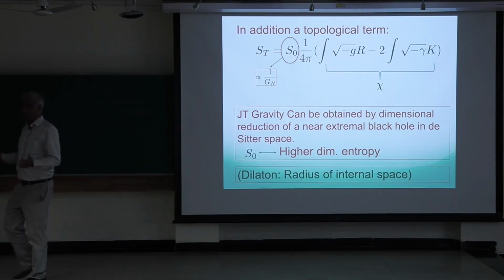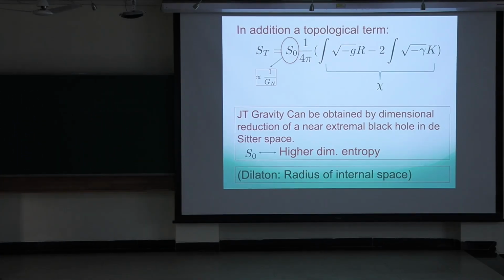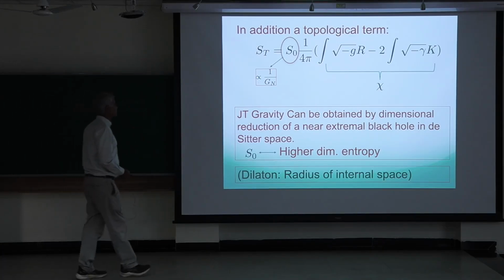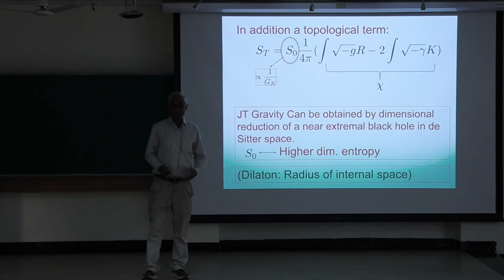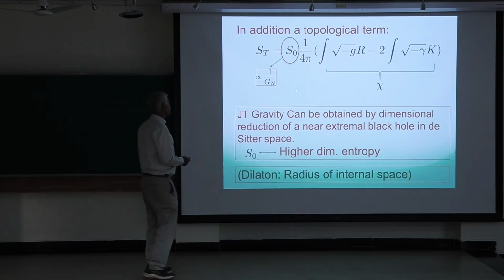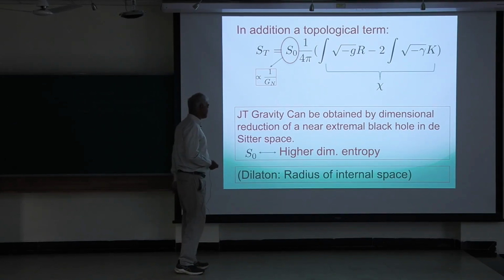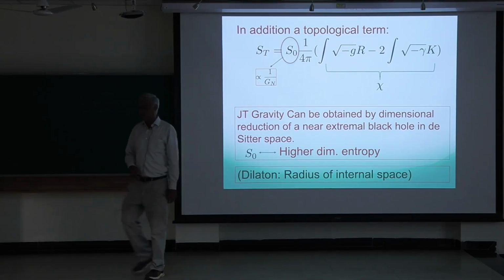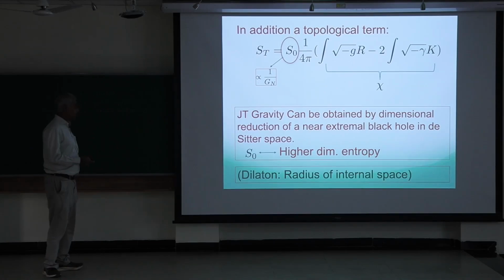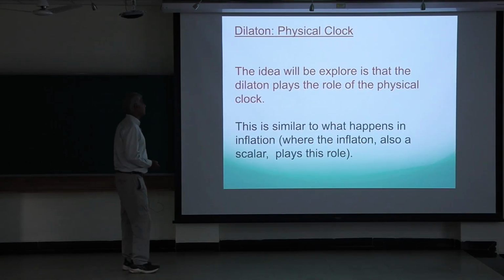Say the radius of the internal S2 if I was doing dimensional reduction from 4 dimensions. Okay, so this is useful to keep in mind, but as you'll see when we go ahead, we will then just take this system and think about it in 2-dimensional terms and not be too tied to this geometrical interpretation of the dilaton being a radius in higher dimensions.